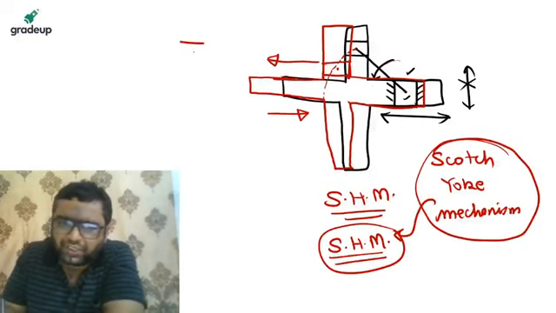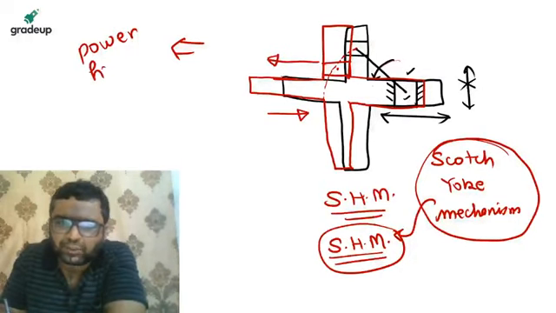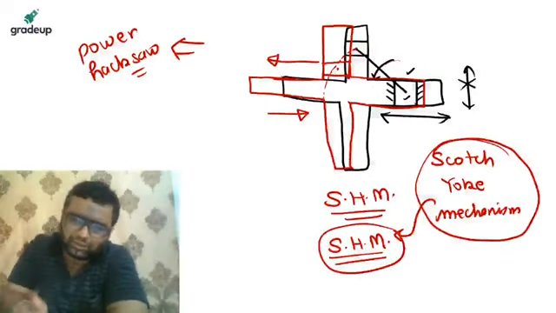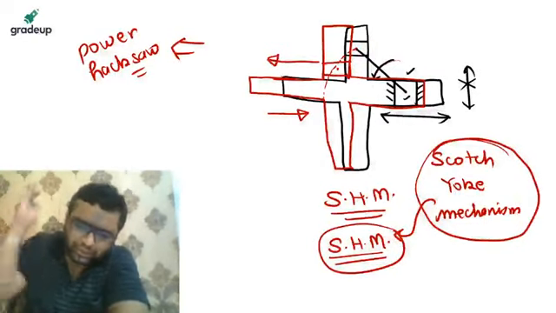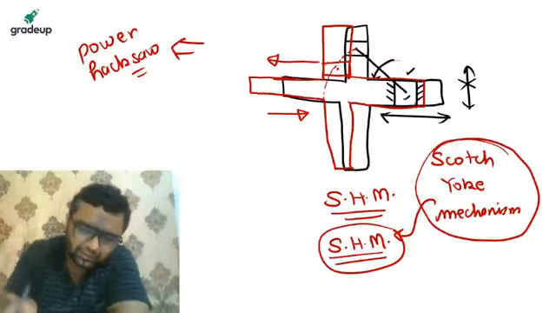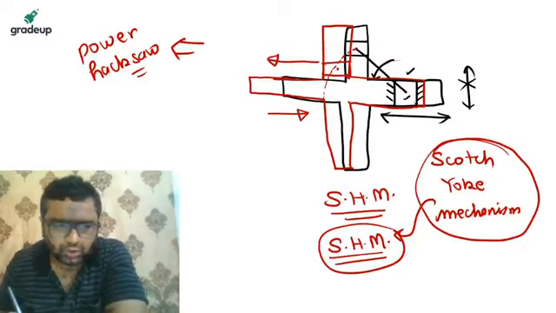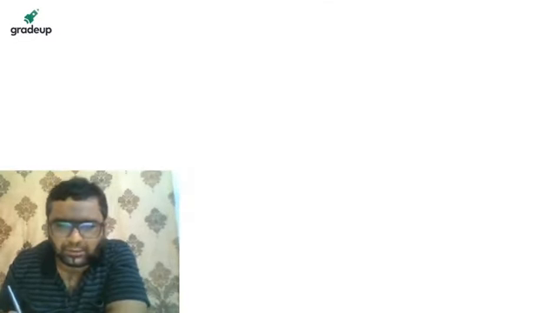My dear, the application of this mechanism is in the power hacksaw. If you have seen this machine in your college, the power hacksaw has this kind of motion. You can see my visuals, it is moving like this. It is going to cut the material like this. This is the kind of motion it is going to have. So my dear, this mechanism is like this.